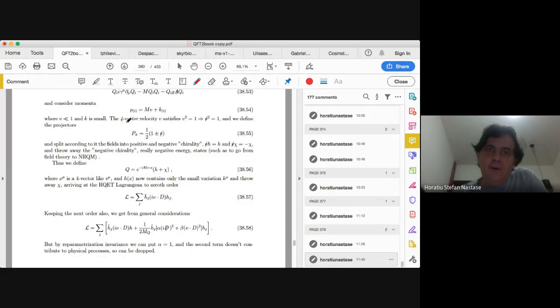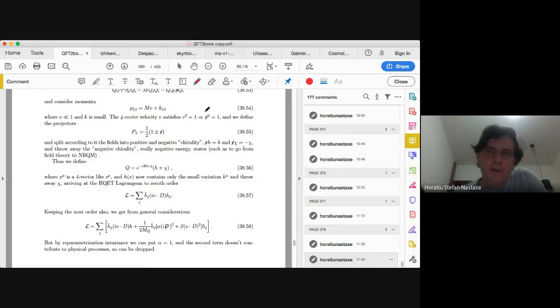And the 4-vector velocity squares to 1, of course, which means that I can also write it as v slash squared equal to 1, v slash meaning v mu gamma mu.